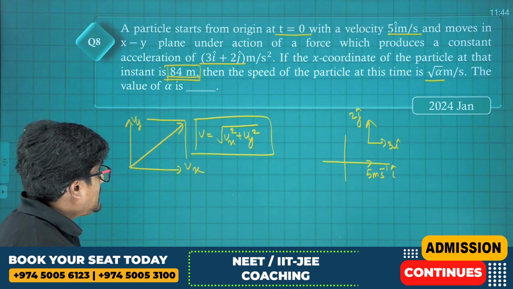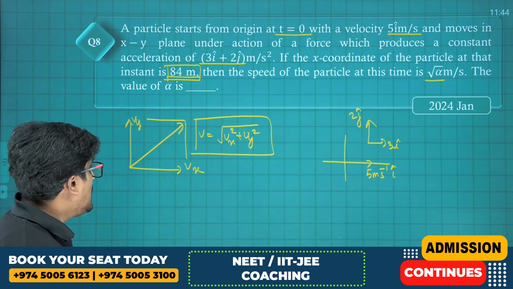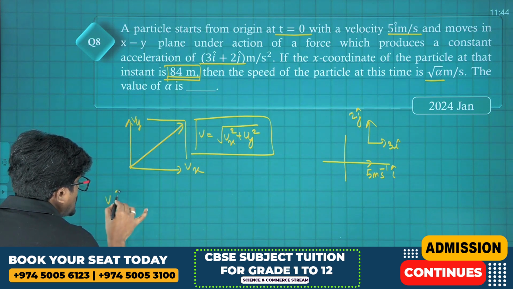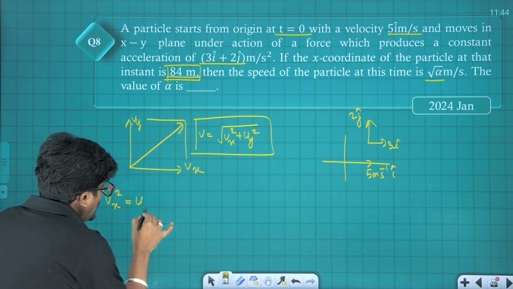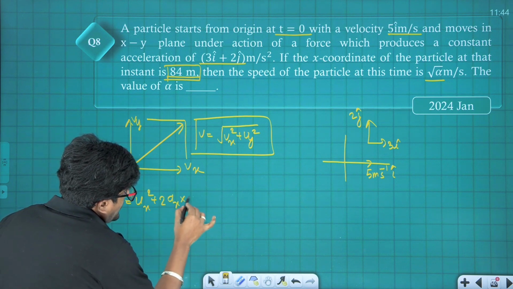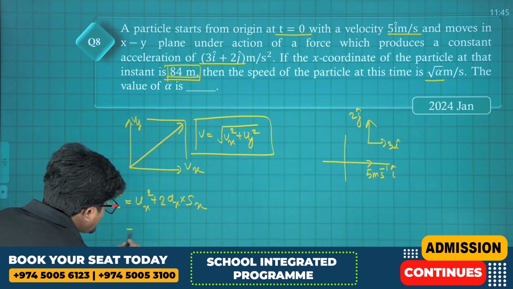Okay. Now, of course, we need to know about Vx and Vy. To get the value of Vx, we all know that final velocity square, Vx square equal to Ux square plus 2 times Ax into Sx. And what is Ux square?